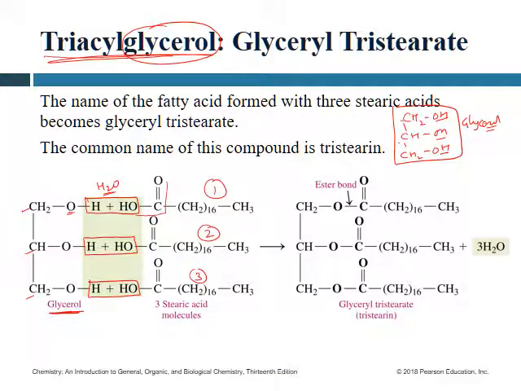So what's gonna happen? You're gonna remove 3 water molecules over here, right? And what is left is going to connect together. So this oxygen is now going to connect with this carbon because the other atoms are removed as water. So now you're going to see a new bond being formed. This is a new bond, and we call this an ester bond because this is an ester group.